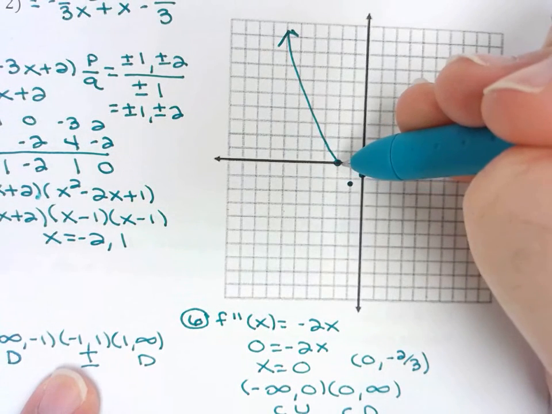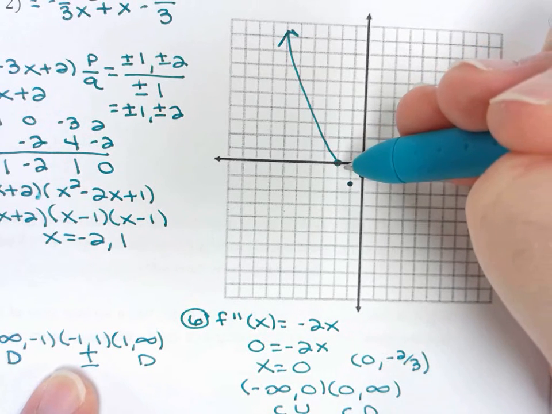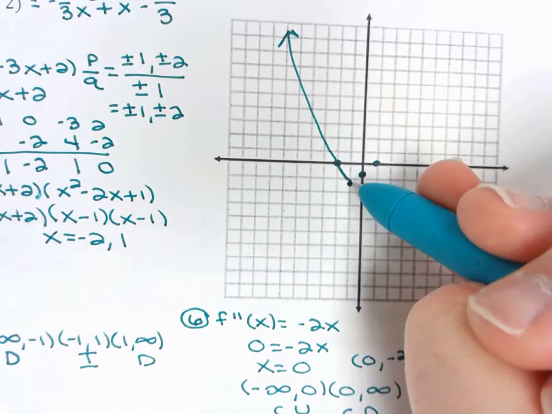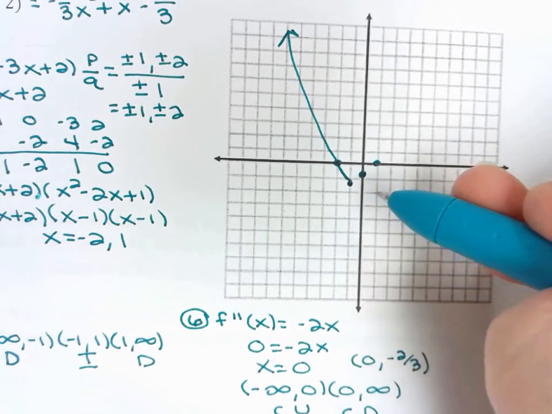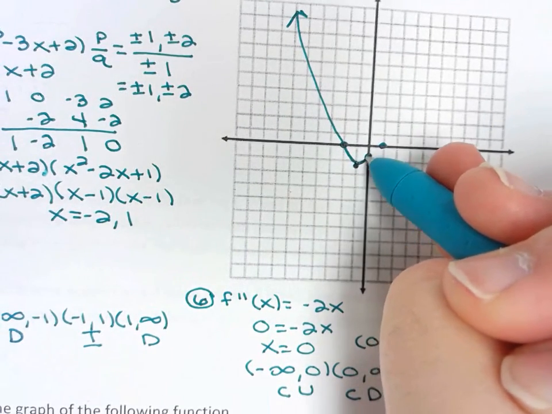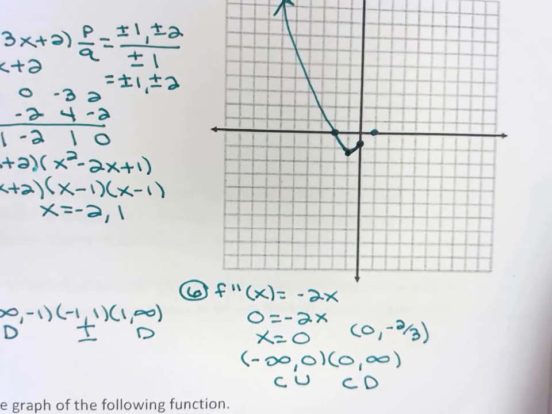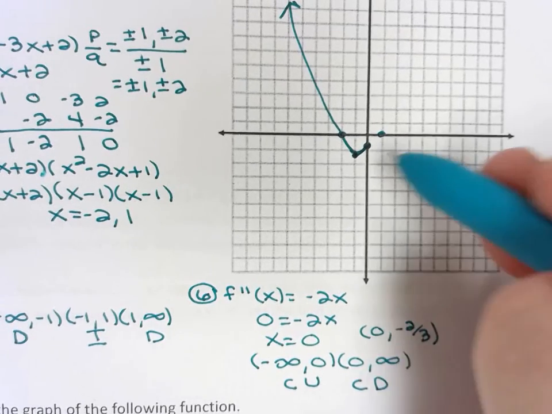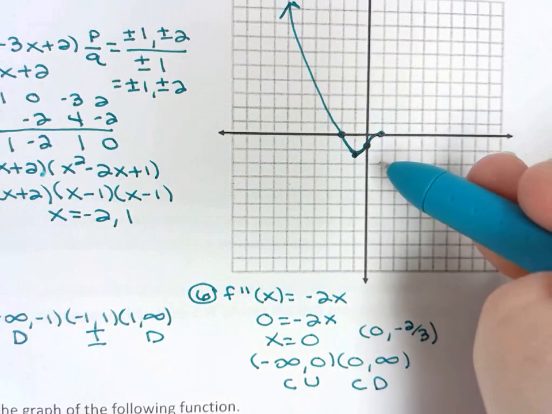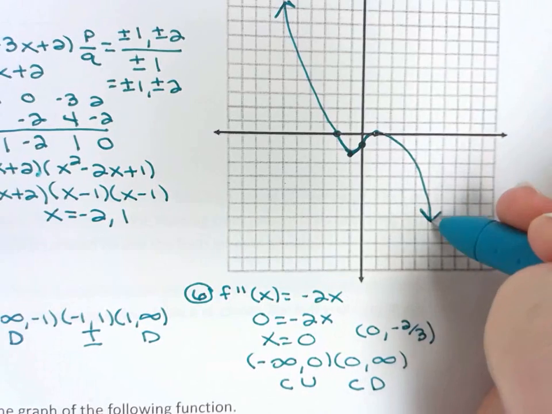I'm decreasing to negative 1, and then I'm increasing from negative 1 to 1, so I'm still concaving up, but now I'm increasing. And then from 0 to infinity, I'm concave down. From negative 1 to 1, I'm still increasing, but I'm concave down, so the curve switches to a frowny face, and then I'm decreasing. So something like that.